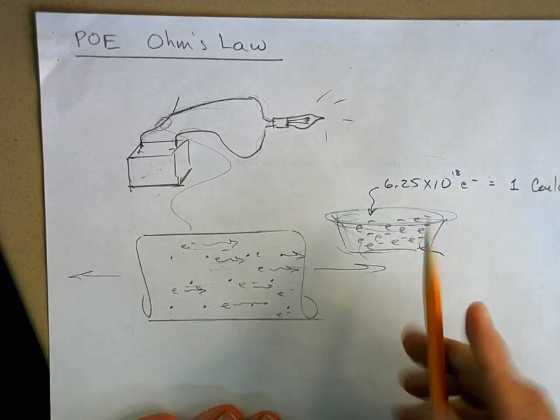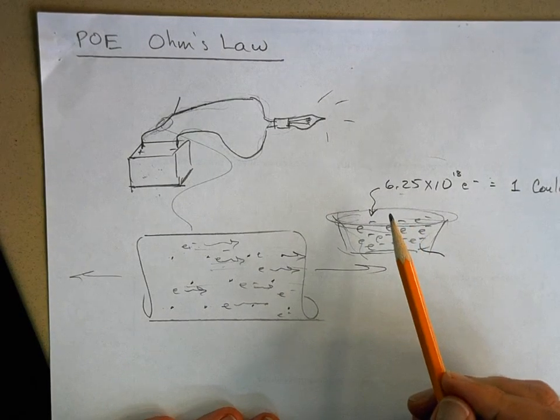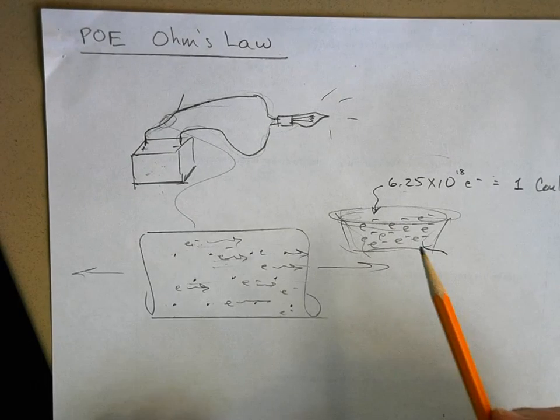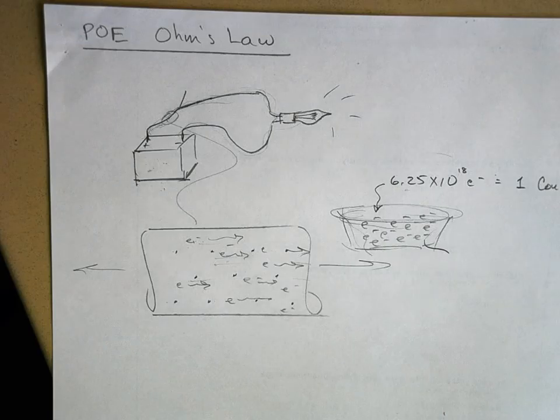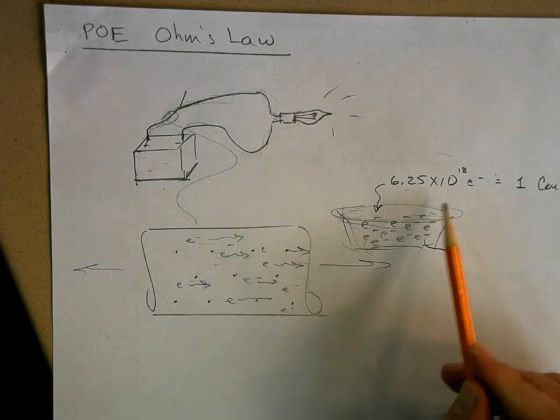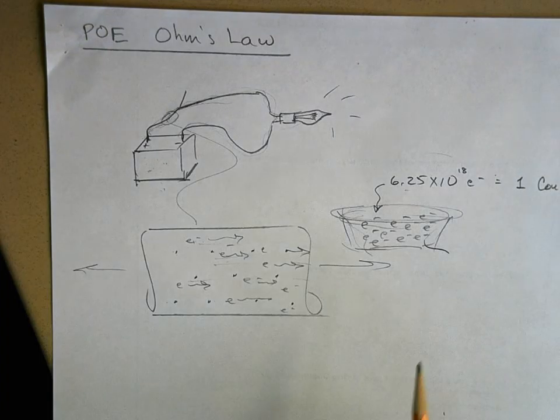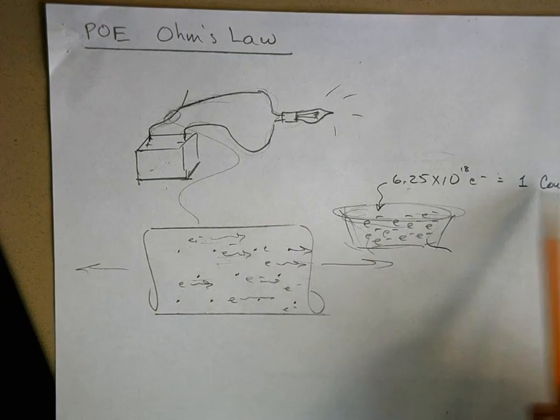Well, in fact, electrons are negatively charged, so we call it -1 coulombs. But the proton and the electron carry exactly the same amount of charge. So you can think of 6.25 times 10 to the 18 protons makes 1 coulomb of charge.